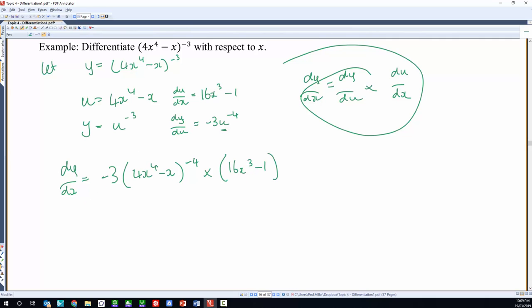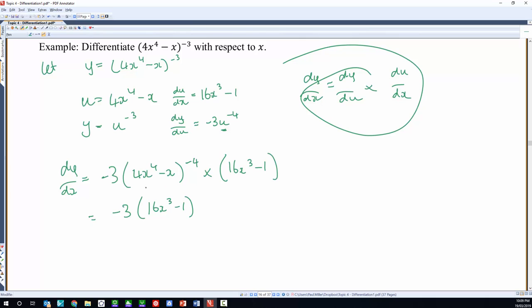So it's very important that we get those brackets in there. All right, so now note that I've got a negative power here, and if I had to sub values for x in and then evaluate a negative power, it's very difficult to do that. So I'm going to write this with a positive power. So this equals negative 3 multiplied by 16x cubed take 1. So it's negative 3 lots of that.